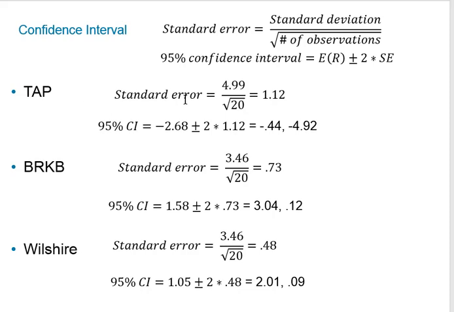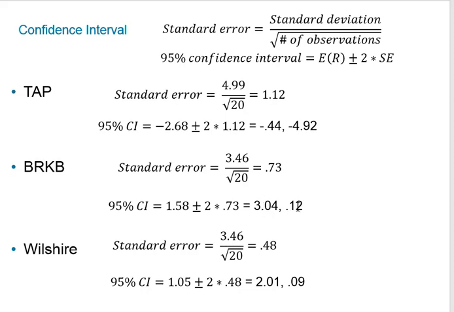So the standard error for TAP is 1.12, and the 95% confidence interval is somewhere between negative 0.44 and negative 4.92. So again, we can speak in relative terms. What is the range? Where do we think the returns ultimately would be maybe 1 year from now? For the 95% confidence interval, also for Berkshire Hathaway, it's somewhere between 3 and 0.12.